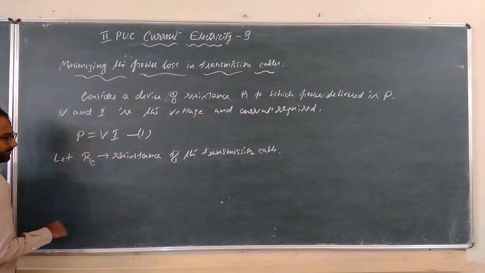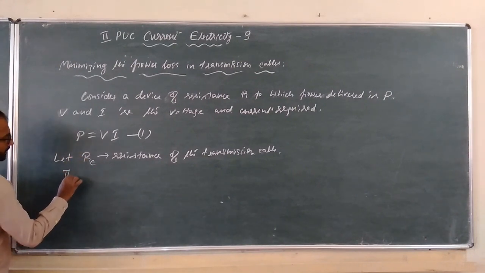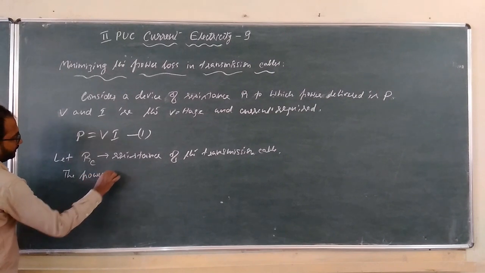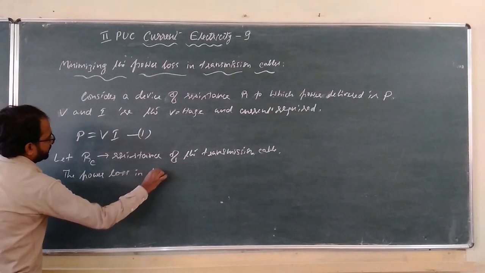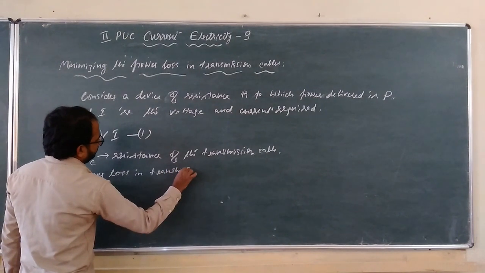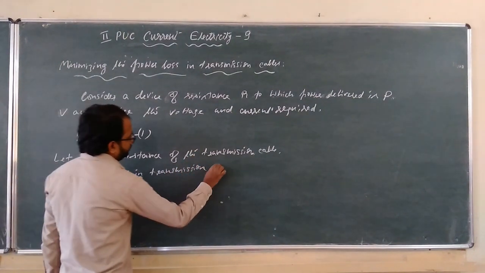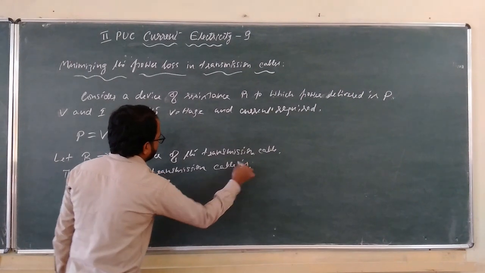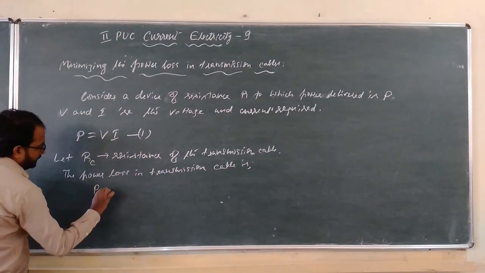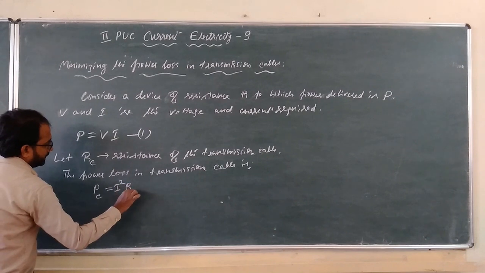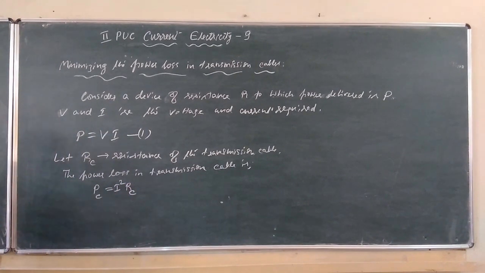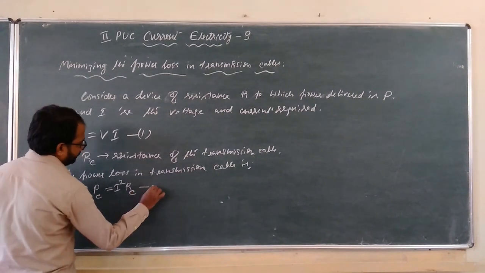Due to the finite value of resistance of the transmission cable, the power loss in the transmission cable is, say, PC, which is equal to I square RC, where I is the current flowing through that particular transmission cable. Okay. So the power dissipated in the transmission cable is PC, which is equal to I square RC.